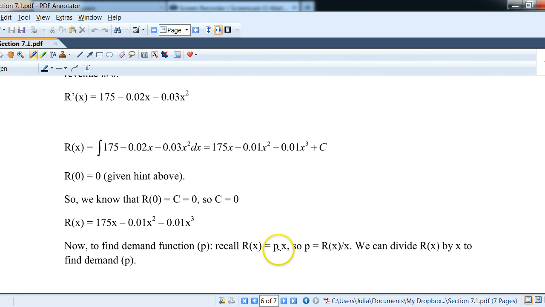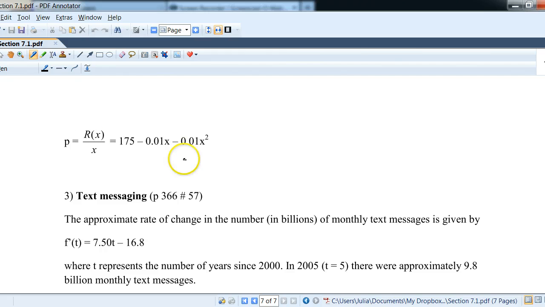So the price equation in terms of x is equal to revenue divided by x. So you can divide the revenue by x, and that's how you'll get the demand function, which is 175 minus 0.01x minus 0.01x squared.